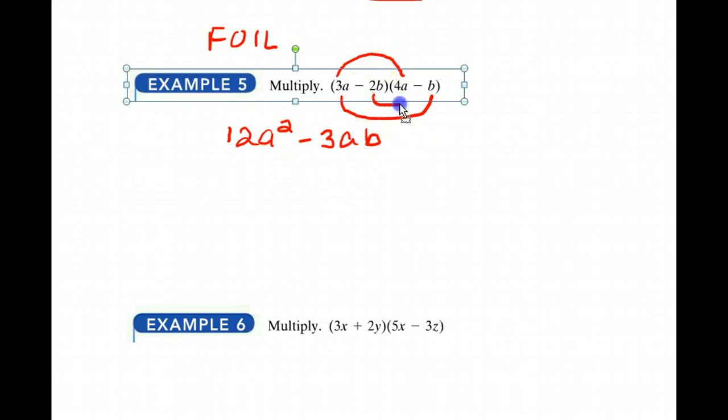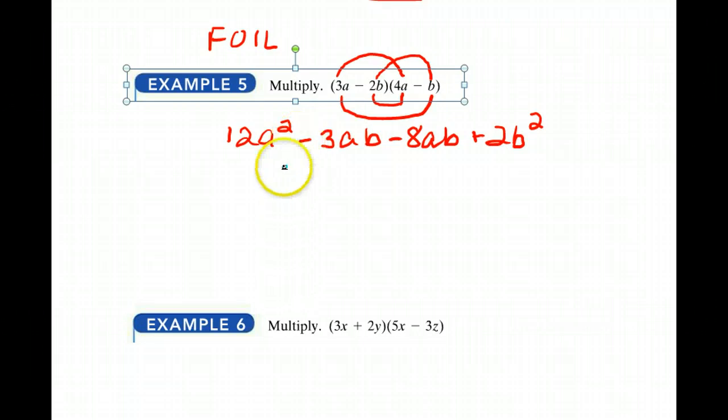Inners, negative 2b times 4a makes negative 8ab. And the last terms, negative 2b times negative b makes positive 2b squared.